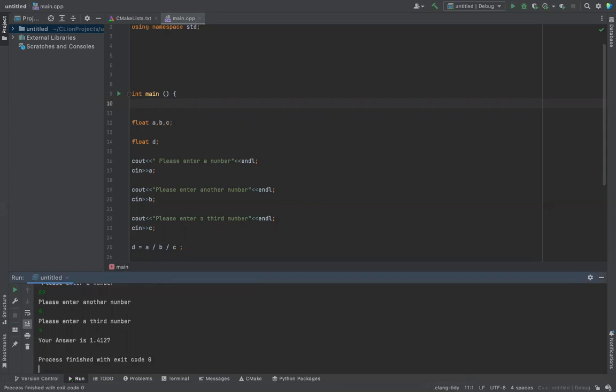So you can see I changed to float, and now my answer is given as 1.4127. In division I would advise you to use float, because in division the probability of getting a 0 is high.